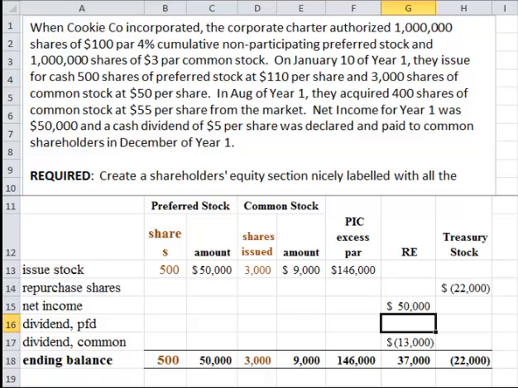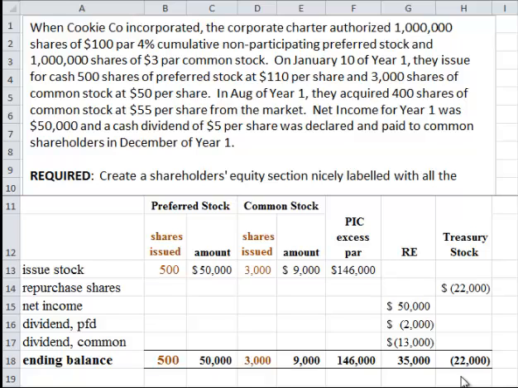What was the maximum? That was $100 par times the 4%, so $4 a share. And how many shares of preferred did we have? We had 500. So since I had a formula in my sheet already, my totals are being added up for me.